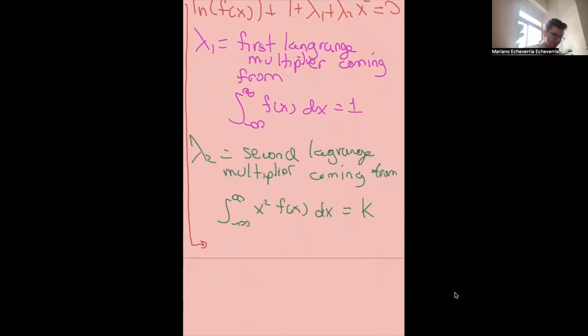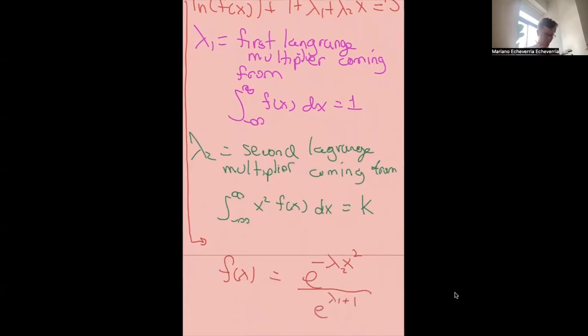You can show from this that f of x has to be e to the minus lambda 2 x squared over e to the lambda 1 plus 1.